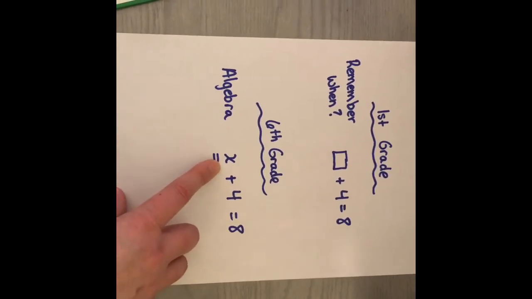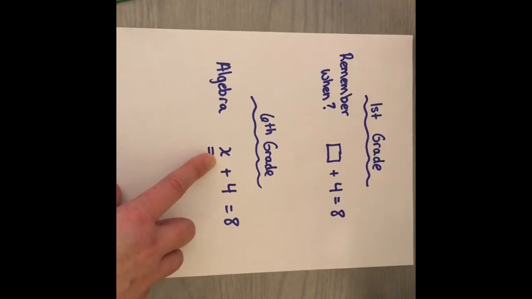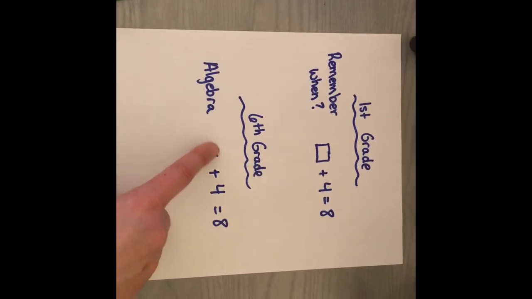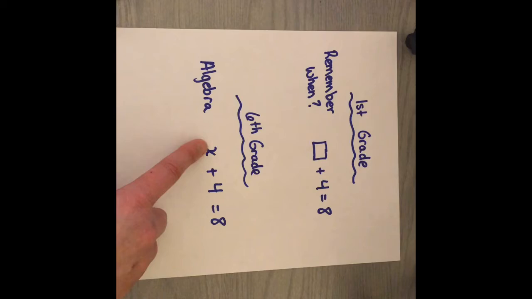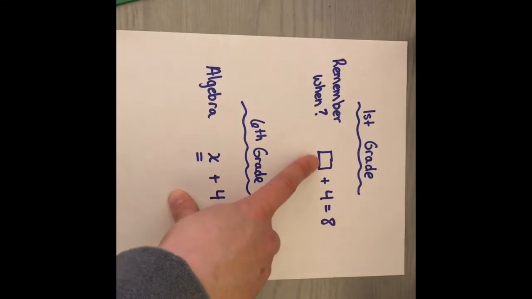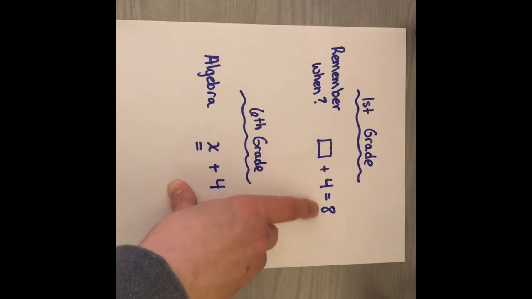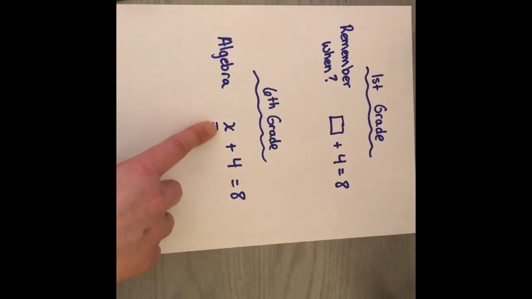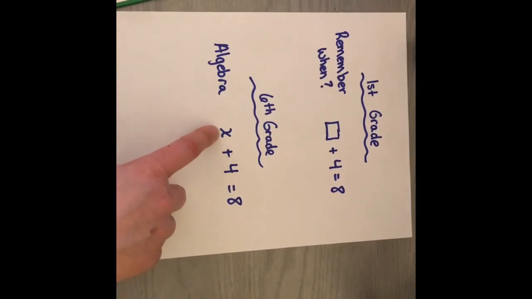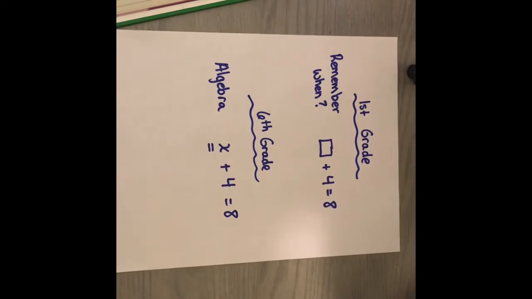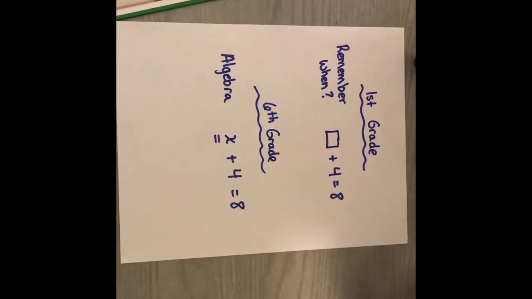So you could have X or C or Y or M. Any of those letters could go in there. It's the same concept. So you're going to be solving for that unknown value. So here, I hope with your mental math, you can figure out that 4 would go in the box. 4 plus 4 equals 8. Down here, you can do the same thing. So we could actually solve this and figure out that X equals 4 for this equation. So that's what we're going into. I just wanted to go over that real quick before we get started with notes.